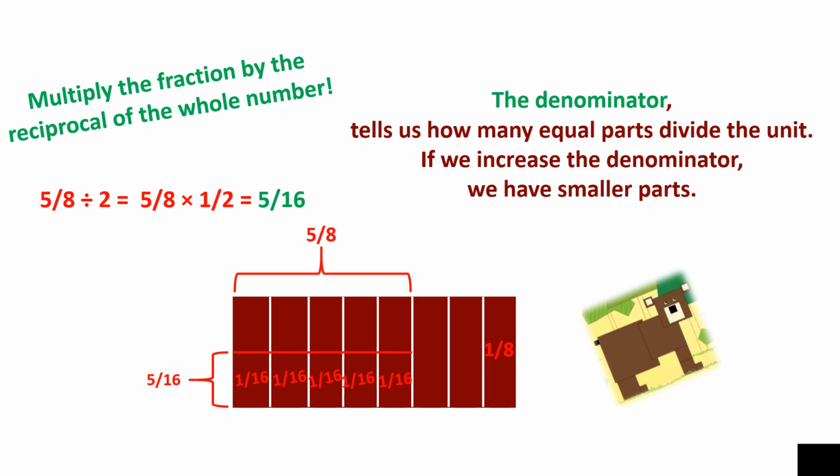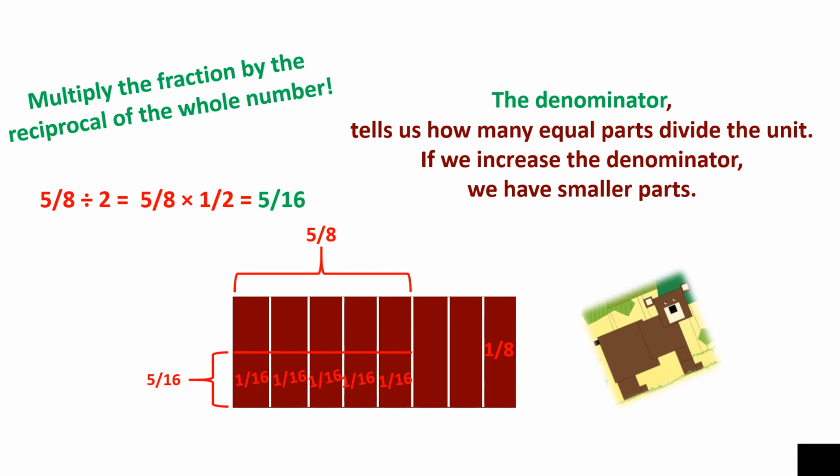Let's look at another example using the algorithm. Here with one of Bear's famous cakes. We have an entire cake divided into 1/8 pieces, and we have 5 of them. So we have 5/8 of the cake, and we want to divide it by 2. When we follow the algorithm, we multiply 5/8 by the reciprocal of 2, or 1/2, and the result is 5 sixteenths.